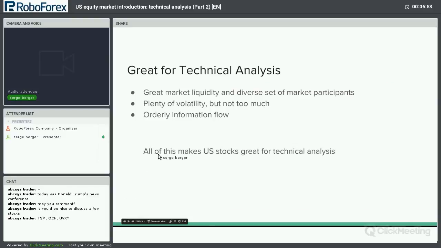Okay. Again, we talked about how great U.S. stocks are for technical analysis. I personally think U.S. stocks act much better technically than most, if not all, currencies, and certainly much better than commodities on a multi-week to multi-month basis. On an intraday basis, the dynamics depend on the stock or commodity or currency pair in question.